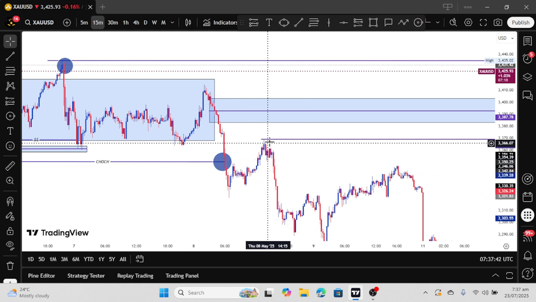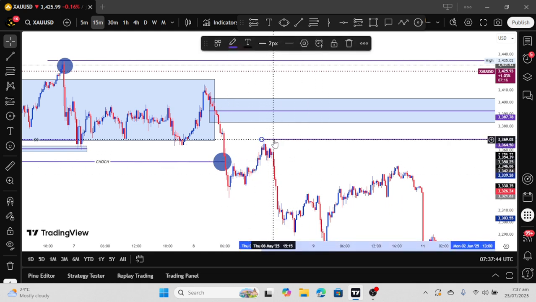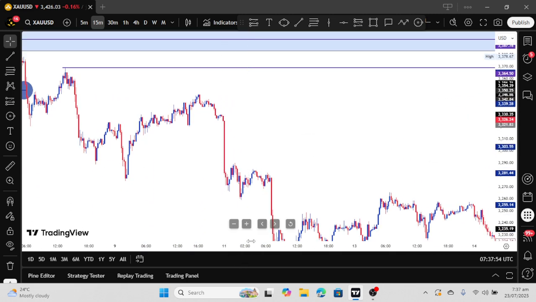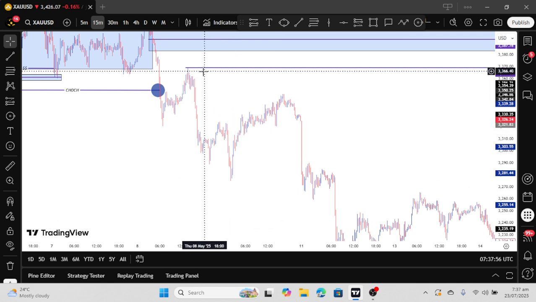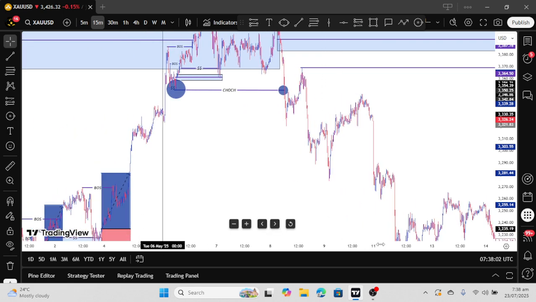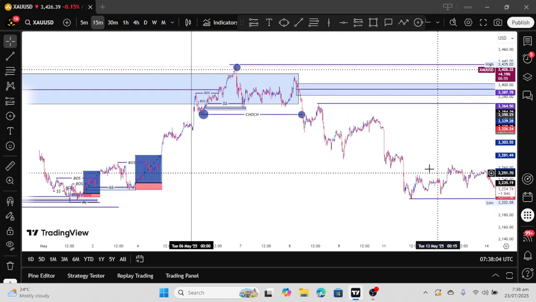I see this particular zone as liquidity because it didn't tap the zone. Those people that bought here, holding for too long, thinking the price will not come to this side anymore, whenever the price comes, it's going to use them as liquidity.